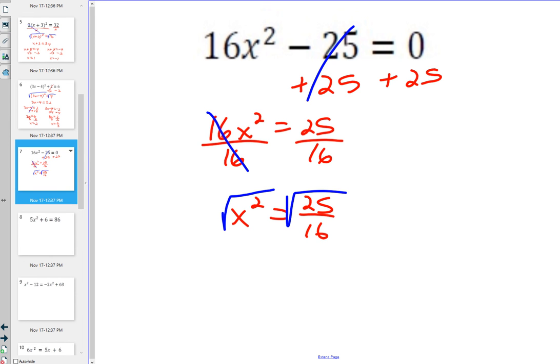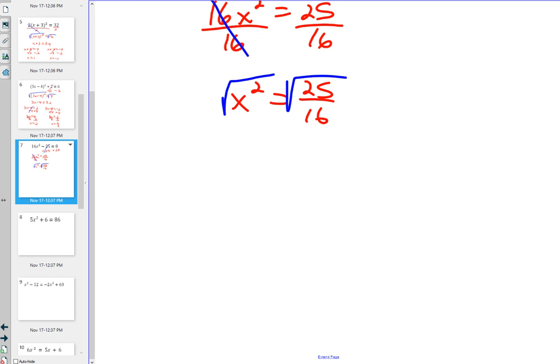Somebody not named Jason, can you tell me what the square root of 25 over 16 is? What do you think, Cassandra? Well, yes, it will involve a 5 over 4.